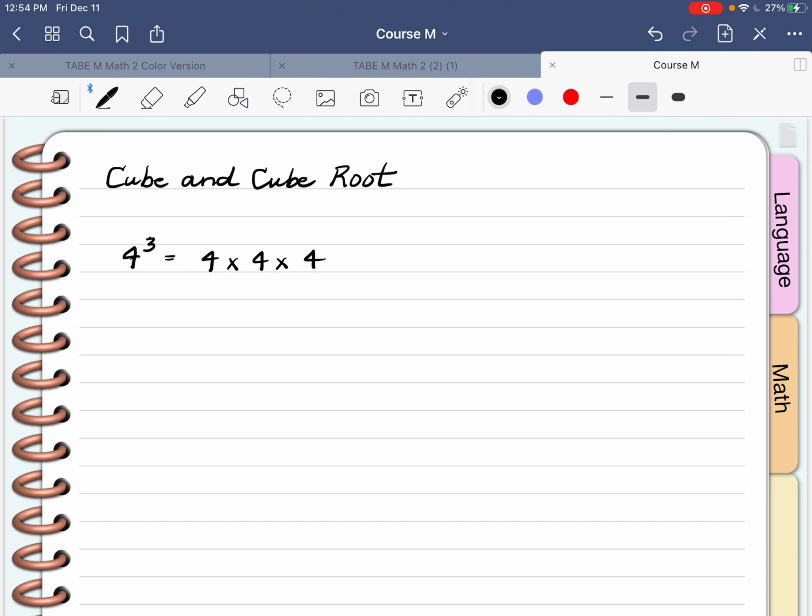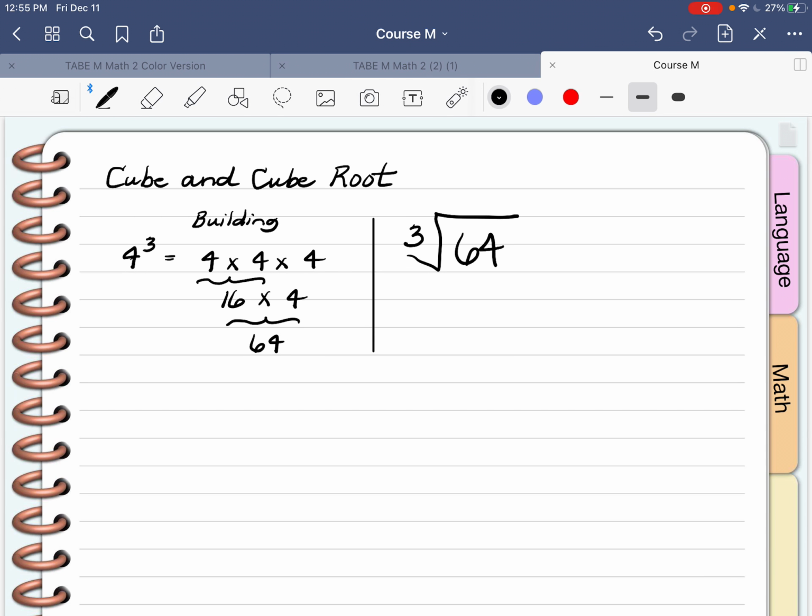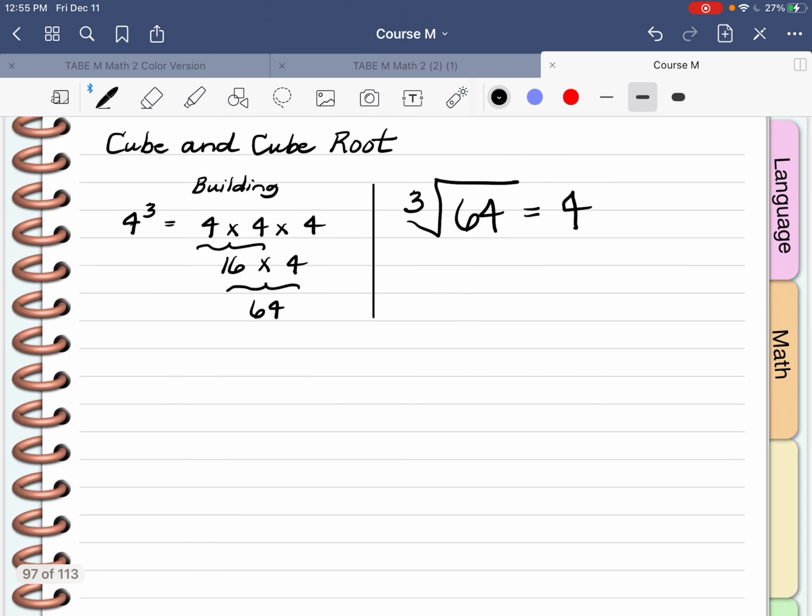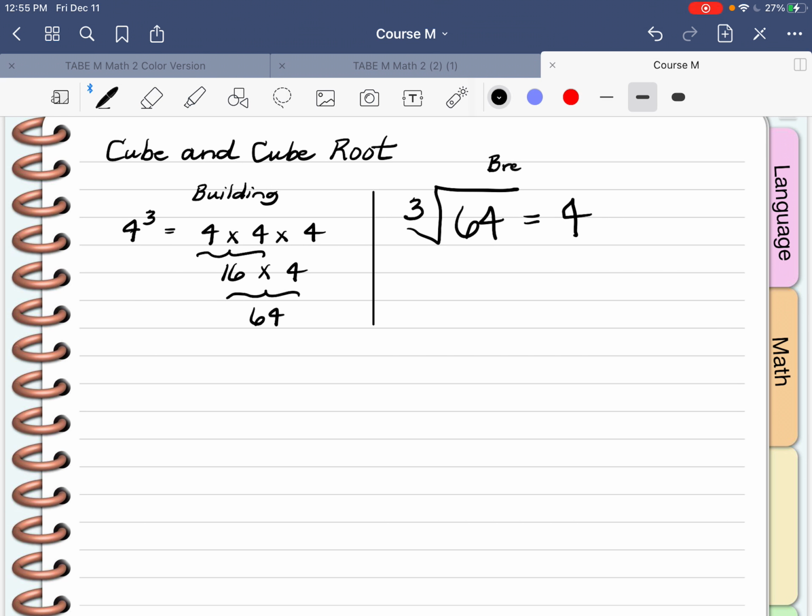That's 4 cubed. 4 fours are 16, and 16 times 4 is 64. So that's building up. Breaking down would be the cube root of 64 is 4. Again, I'm going to show you the calculator steps in the next video segment.